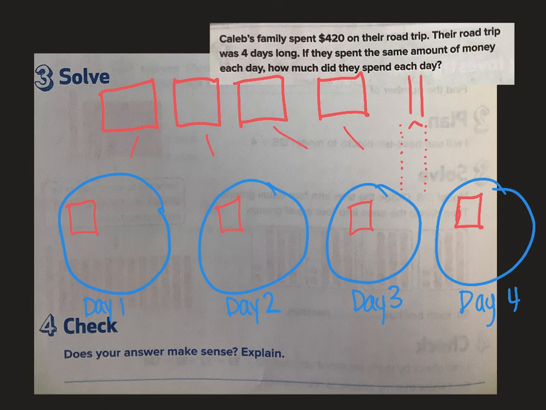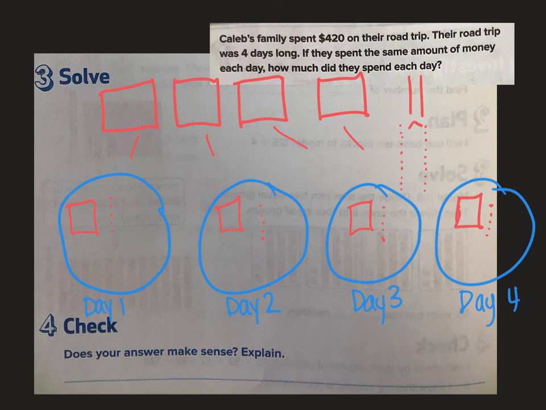Now, if I'm looking at 20 and I'm dividing it into 4 equal groups, I can go through and do 1, 1, 1, 1, 2, 2. Or I can say, hey, I'm going to put 2 at a time. So here we go. 2, 4, 6, 8, 10, 12, 14, 16, 18, 20.